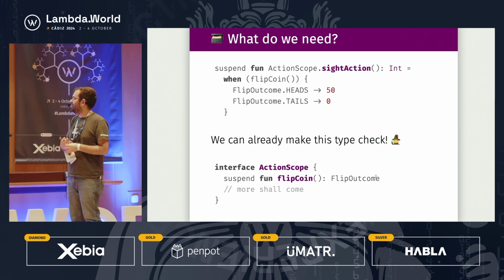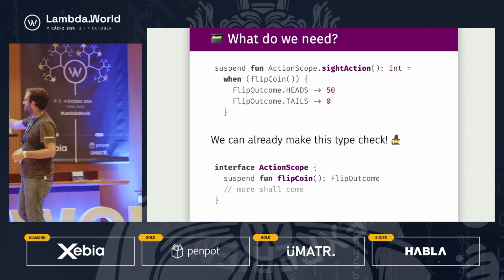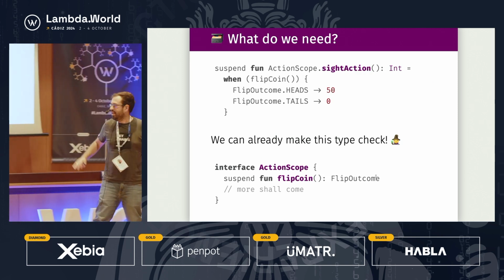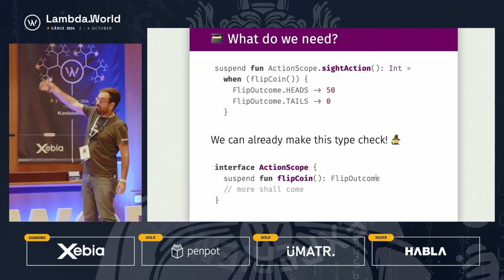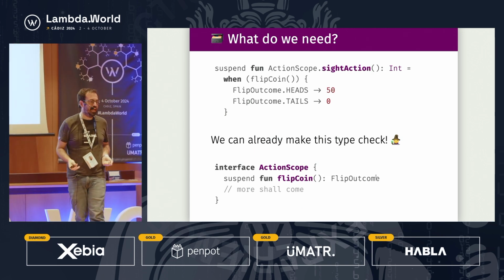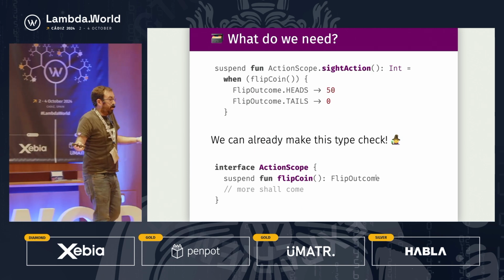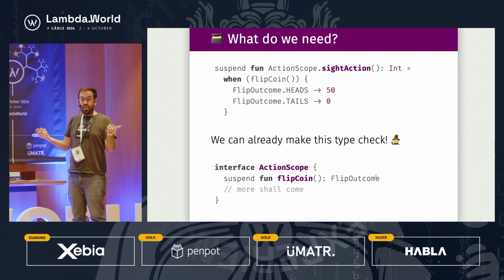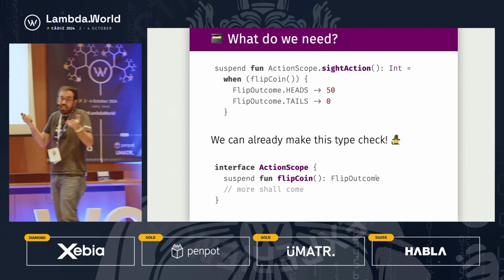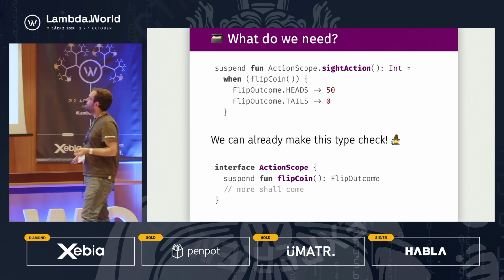I'll call it an action scope, the name doesn't matter, which has this flip coin operation. Don't look at the suspend yet. It has the flip coin operation, and then this program will already type check. We don't know what it does because it programs against the interface, but it is already working, right? So if we introduce interfaces, it looks like we can just write this program and at least make the compiler happy.